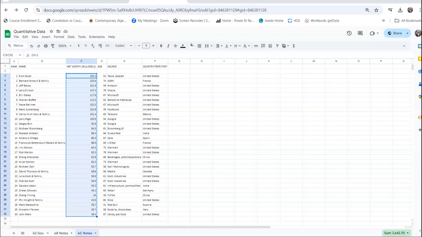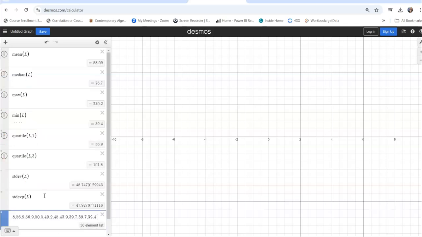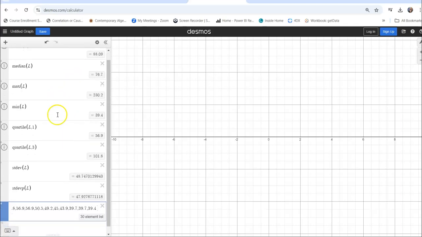Okay, so going to Desmos. And I still have all those commands in there, so I'm just going to go to my next line, and I'm going to do L and paste my data, and so now it gives me all that information. Here's our mean and our median. Okay, and now we have max, min, quartile 1, quartile 3, and of course the standard deviation.